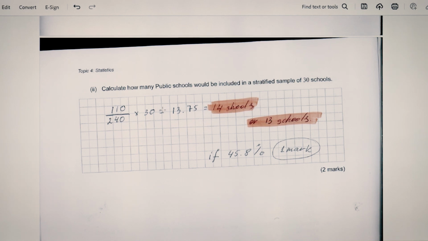If the student left the answer as 13.75, the student is losing 1 mark, because we are counting number of schools. It's either 14 or 13, both of them we were counting. Some students put a percentage, just finding the percentage, and we are giving 1 mark for that. Okay, no questions? I have the best class today.